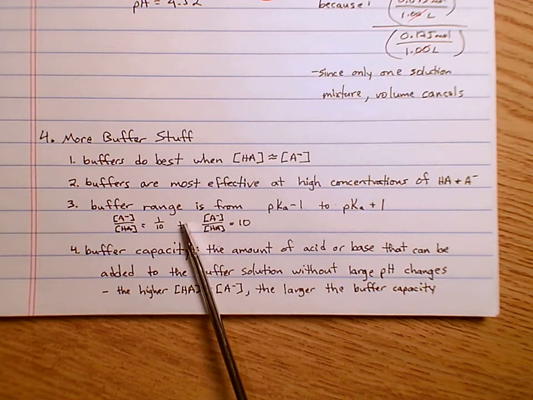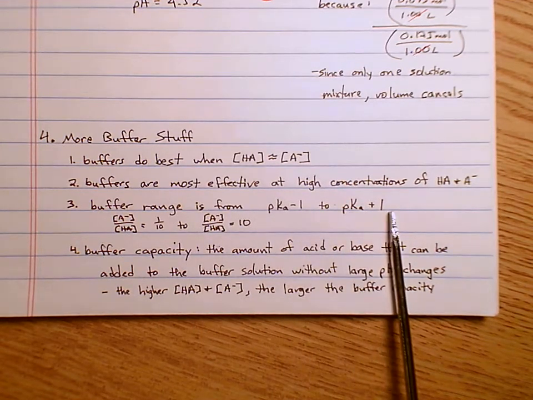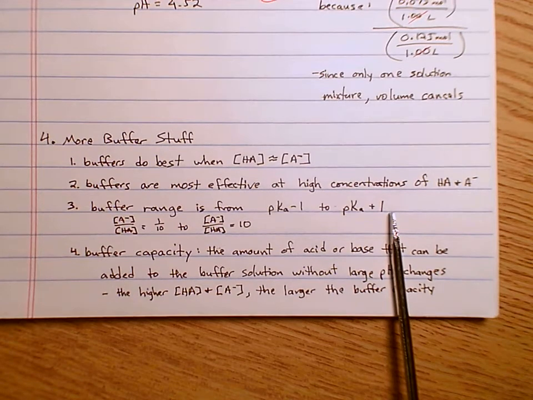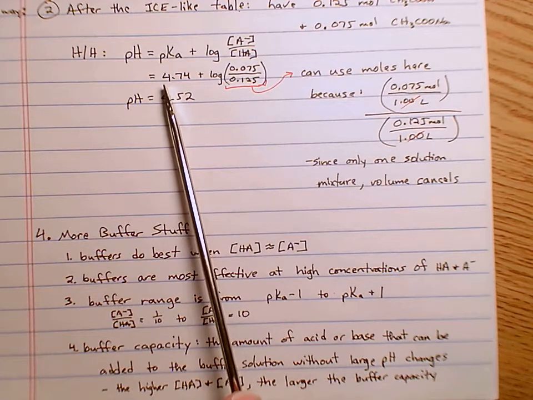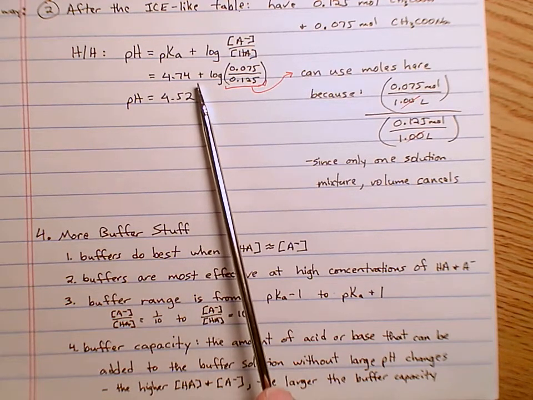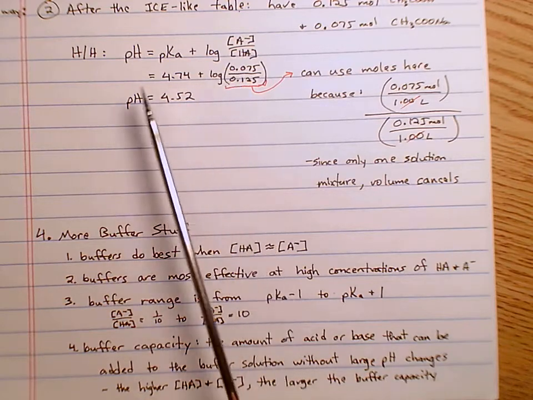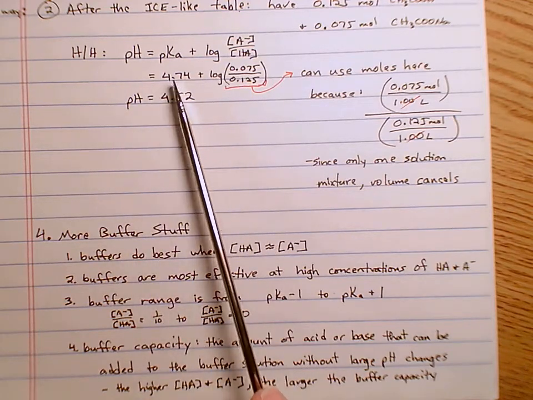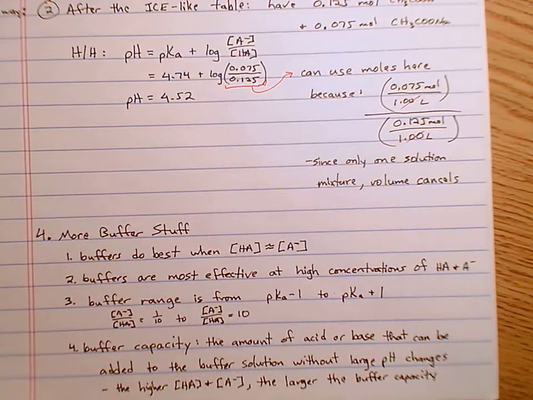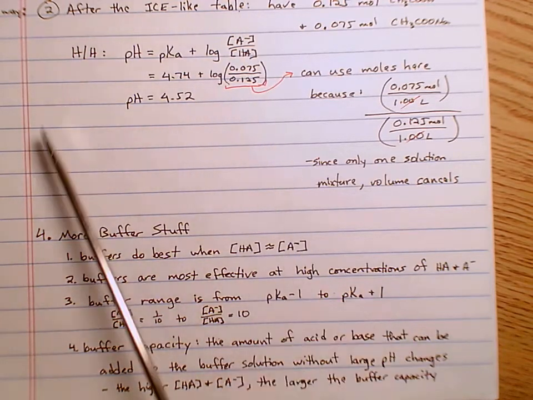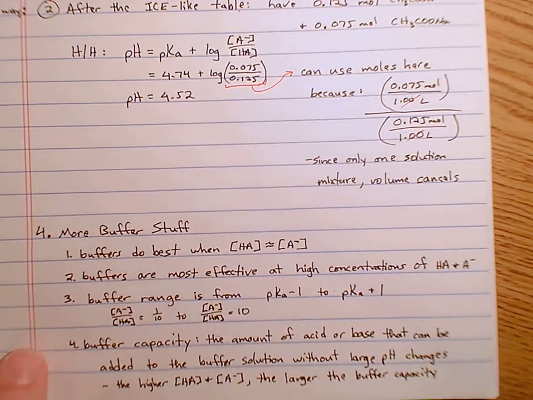The range of a buffer in general is from the pKa minus 1 to the pKa plus 1. Meaning if you have an acetic acid buffer, the pKa for acetic acid is 4.74, which means these buffer solutions will tend to keep the pH from about 3.74 to about 5.74 or so. And note, if you're only adding little bits of acid or base, it stays pretty close to 4.7.